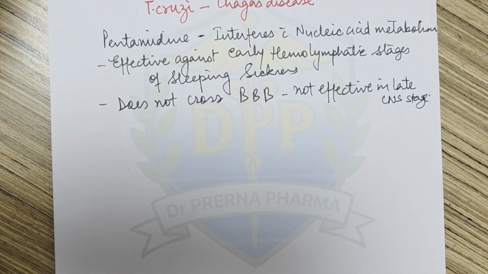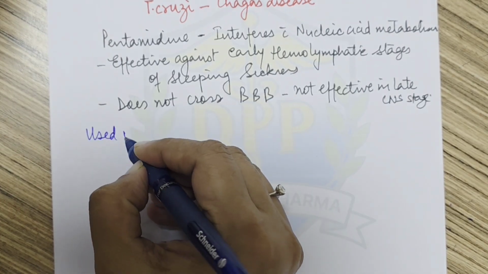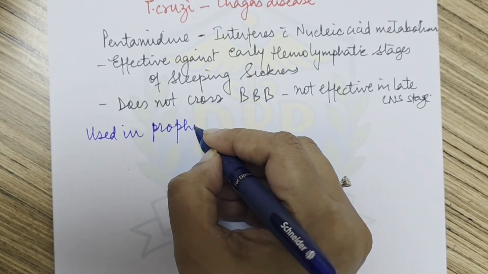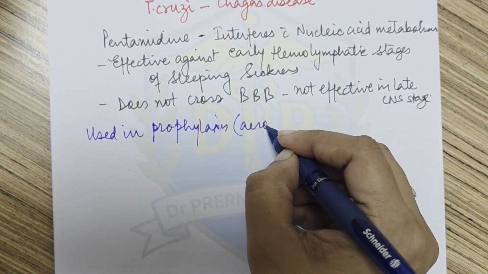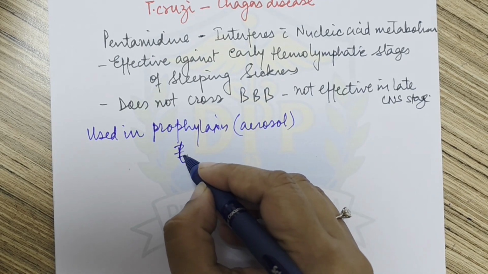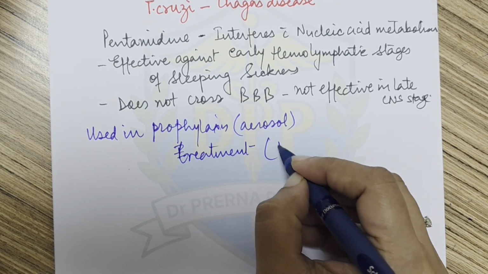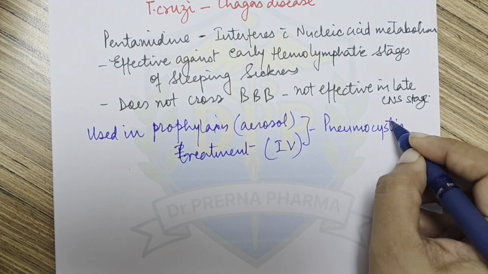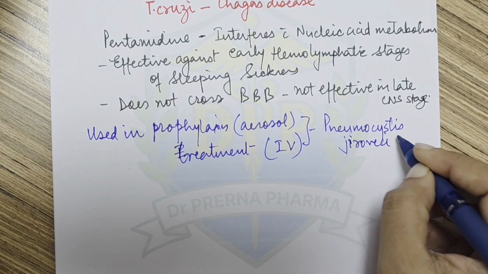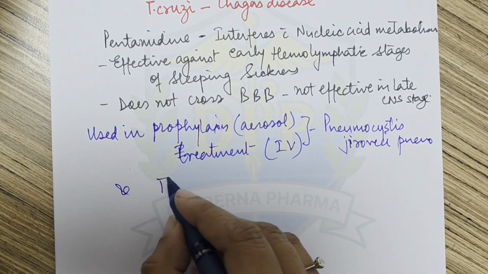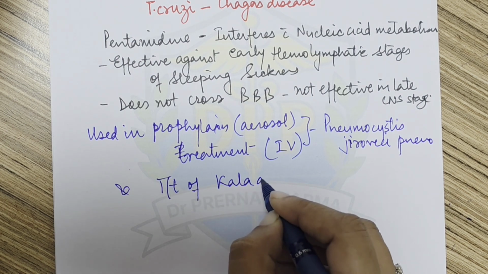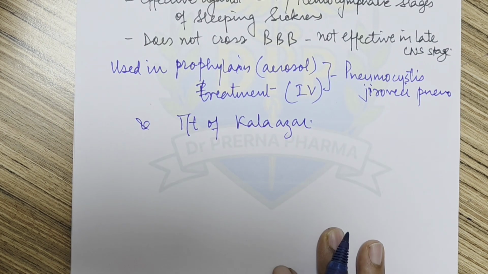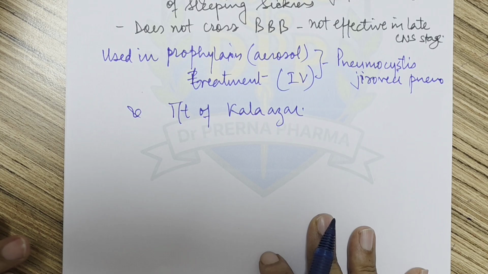Right? So pentamidine is basically used in the prophylaxis by aerosol and treatment by IV of pneumocystis jirovecii pneumonia and treatment of Kala Azar. So this is what the drug pentamidine is used for.